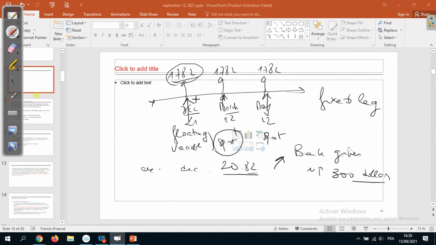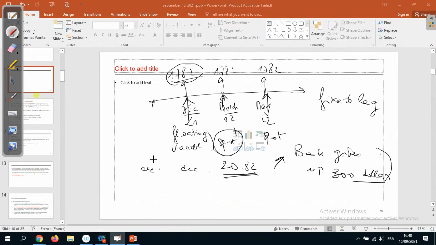It's just what we call a swap with cash settlement. You pay or you receive the difference. So if you make a swap with Vietcombank, paying it 1,782, receiving the spot, if the spot is traded in December at 2,082, the bank, Vietcombank, gives you $300.